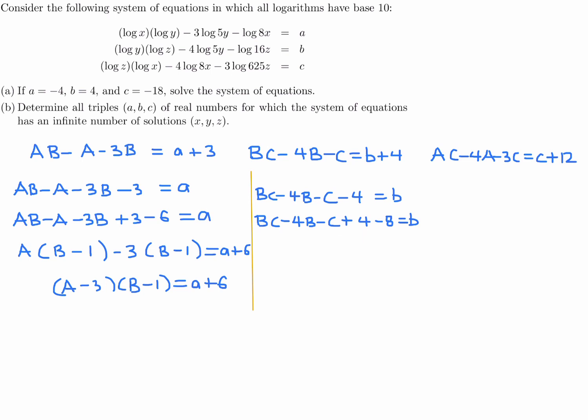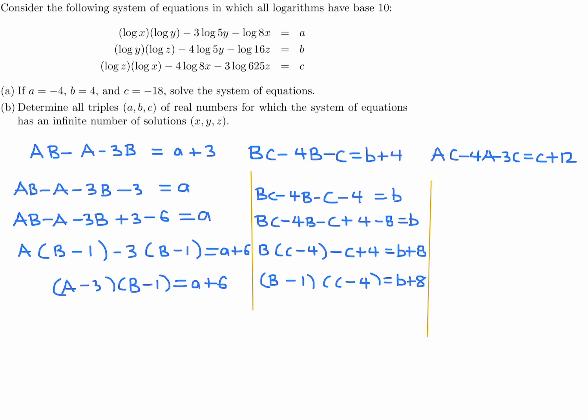So factoring, I get b times c minus 4, and then on this side we have minus c plus 4, and b plus 8 if I bring the 8 over. So this factors into b minus 1 times c minus 4 equals b plus 8. All right, so hopefully you're getting the hang of this.